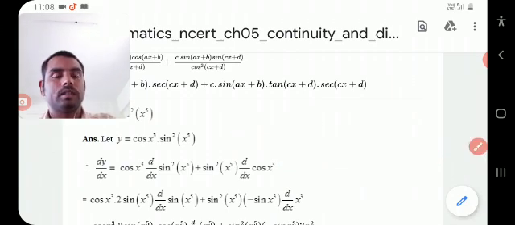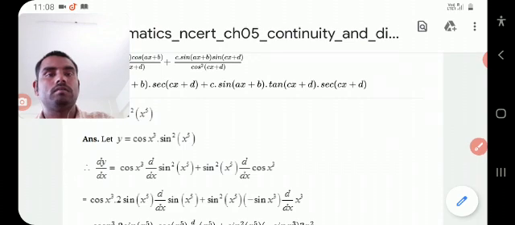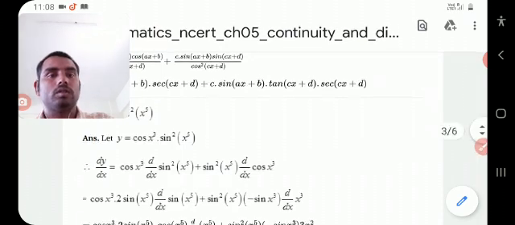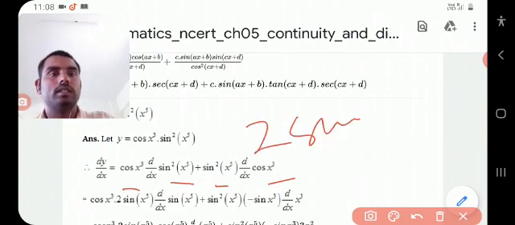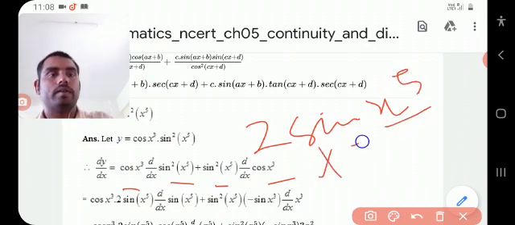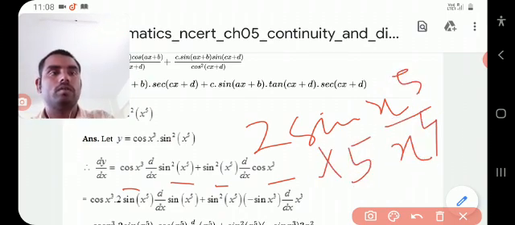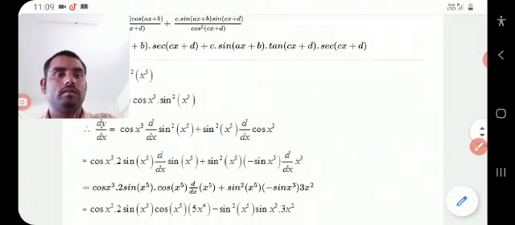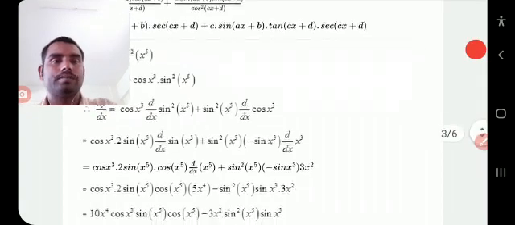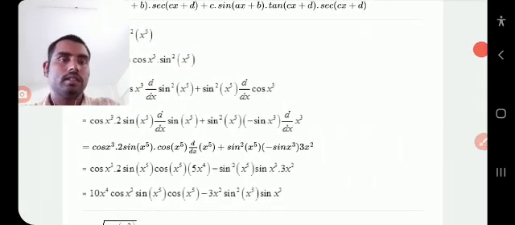Okay, so in this way you can solve similar problems. The derivative of sin square means 2 sin x, and sin x to the power 5, whose derivative is again 5 x to the power 4. Simply you can solve this part also, and after simplifying, you get the final answer.